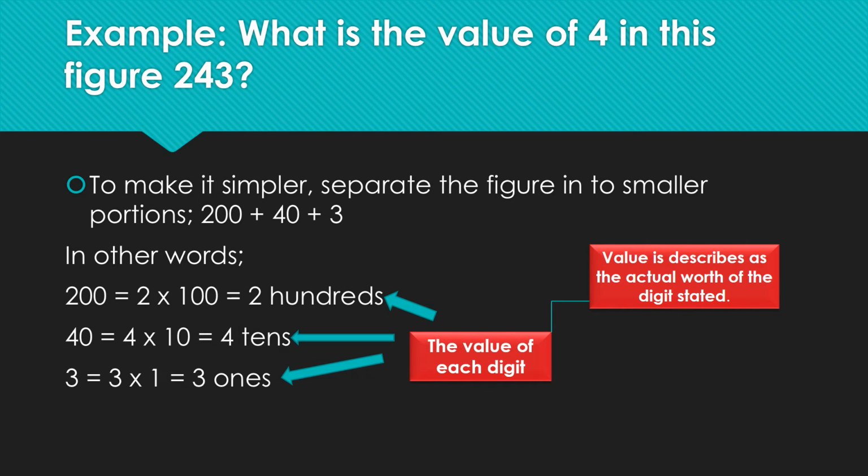So they're asking you to be specific. State the actual worth and the actual value of the specific digit that you're looking at. So if it's 4 just the same, that's 4 tens. That's equivalent to 40. So that's why I'm telling you to always split it. You don't have to in all the cases. So when you get to the chart, you'll realize you don't necessarily have to split it.